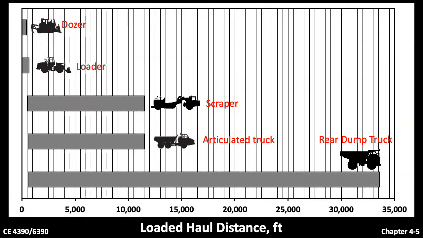So this figure gives you guidance on what type of hauling units to use given different hauling distances. Again, for short distances we use dozers and loaders. For longer distances we use scrapers or articulated trucks. For extremely long distances up to 35,000 feet, it is more economical to use rear dump trucks.